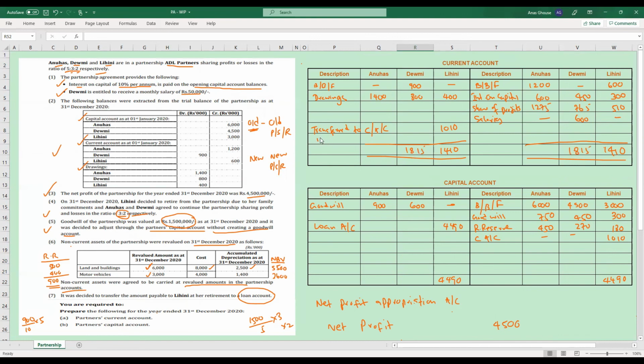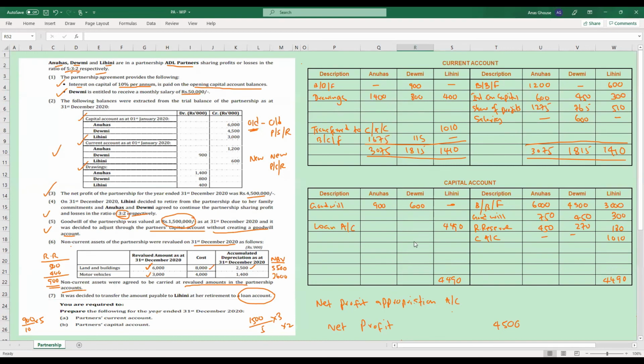So balance carried forward will be how much? 115. And with regard to Anuhas, the total will be 1,260 and 1,275, so that will be 3,075,000, and the remaining balance will be 1,675,000.